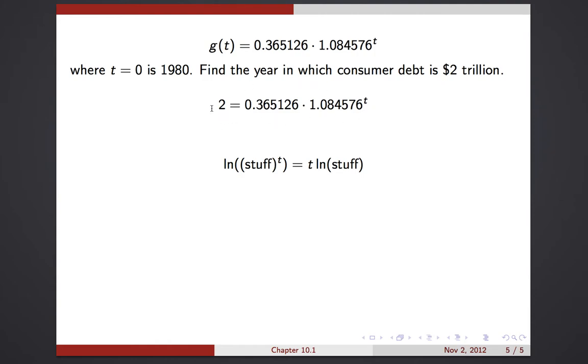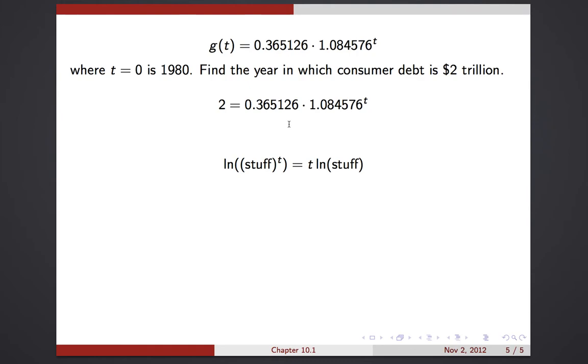Okay, you don't want to do that because this 0.365, etc. is not raised to the t power. Okay, so if it were, then I guess you could go ahead and take log of both sides. But if you want to use this property immediately, you need everything you take a log of to be raised to the t power.